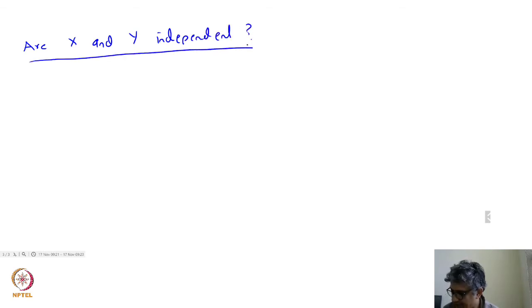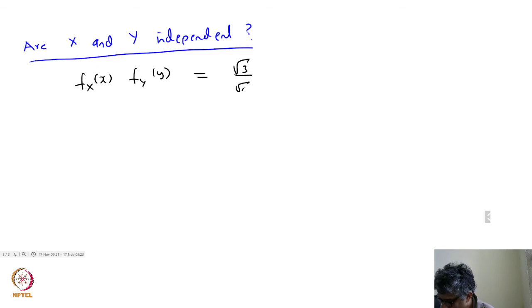So the first thing for independence, what you have to check is if the joint densities multiply out. Right? So you take f sub X at x and f sub Y at y and multiply the two. X was normal with mean 0 and variance 8 by 3. So you have root 3 by root 8 e to the minus 3x squared by 8 over root 2 pi. So that's this. And then you have the same thing for y.